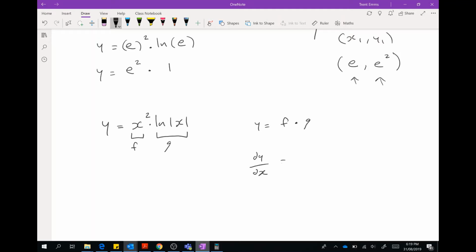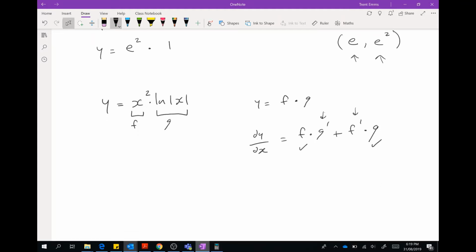derivative dy by dx is f times g dash plus f dash times g. We have f and we have g, so it's time to find g dash and f dash. Right, we'll let f equal x squared, so f dash is going to be, and this will differentiate to 2x.